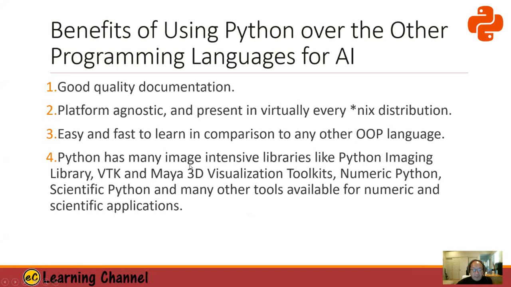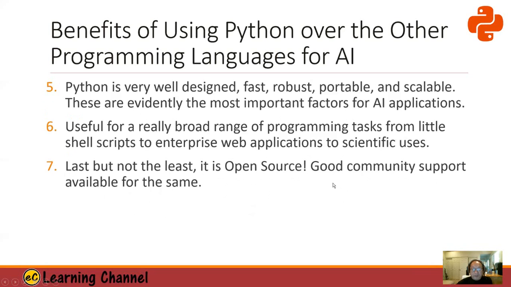Python has many image-intensive libraries like Python Imaging Library, VTK, Maya 3D, Visualization Toolkit, Numeric Python, Scientific Python, PyLab, all those different numeric and scientific applications. Python is also well designed, fast, robust, portable, scalable for AI.